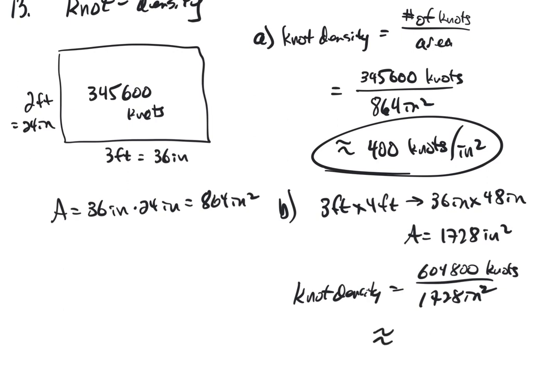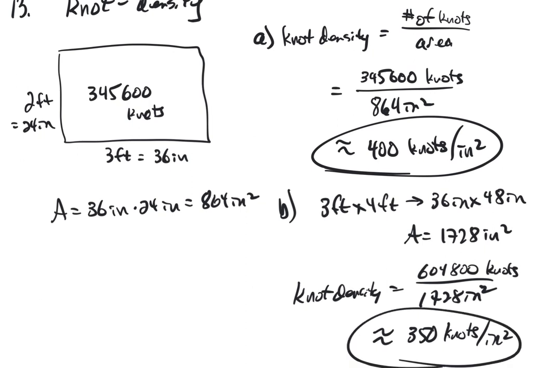And when we do that division, 604,800 divided by 1,728 square inches, we get a knot density of 350 knots per square inch. And the overall question in letter B is, is that a better rug? And the answer would be no, because the knot density is lower.